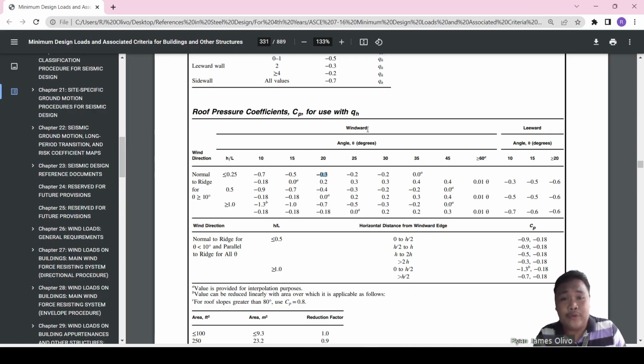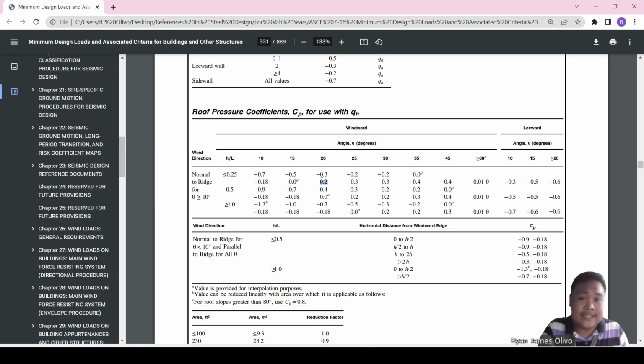So this is the windward roof. For the windward roof, we have two. If h over L is less than or equal to 0.25, we have suction. Consider the case where the windward roof is in suction, that is negative 0.3.